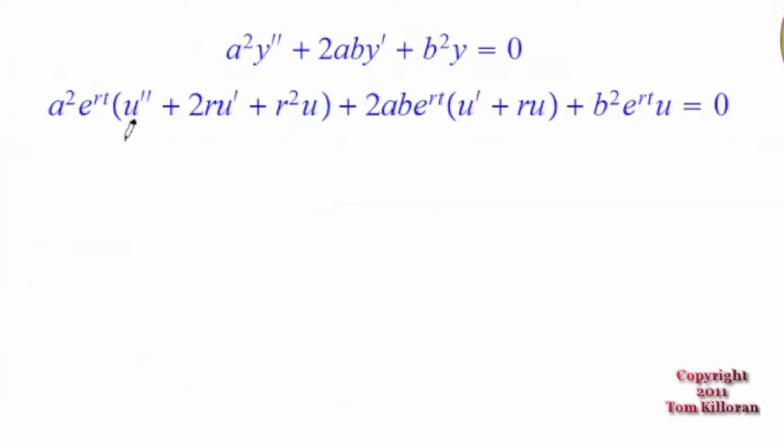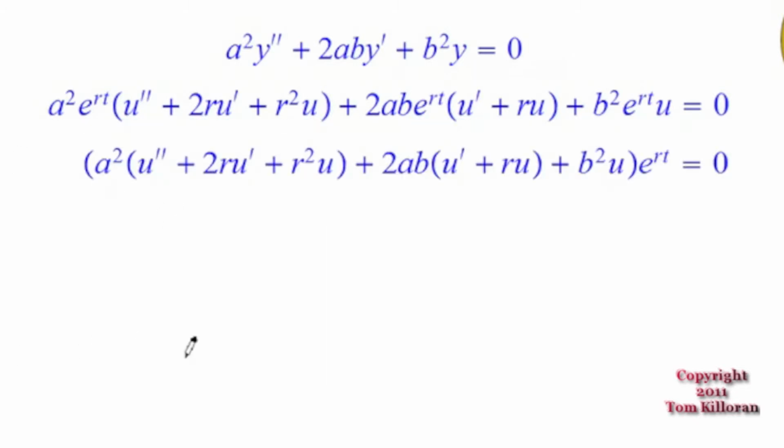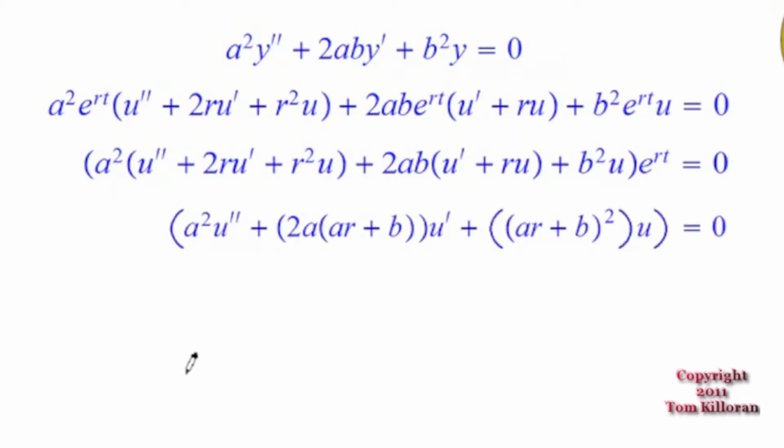Here is the y double prime, here is the y prime, and here is the y. Now distributing, collecting like terms, and factoring out an e^(rt) will get us to here. Oh, I haven't collected terms yet, I just factored out the e^(rt). And if we collect terms, we get something that looks like this.